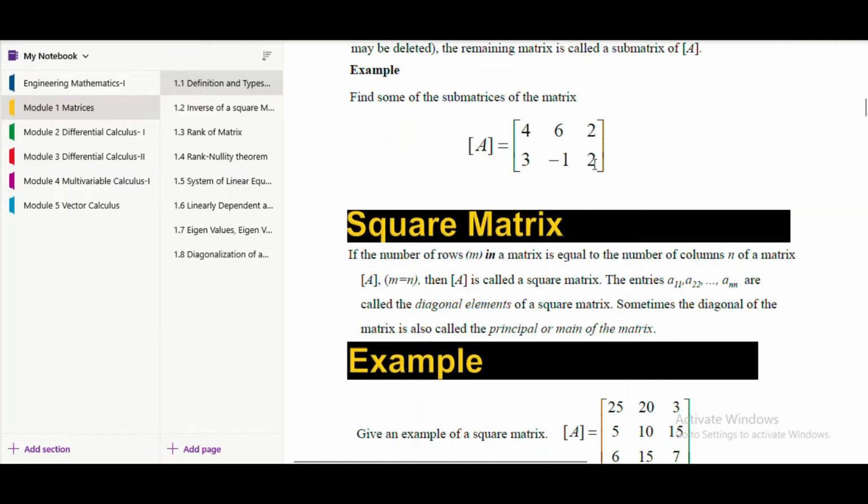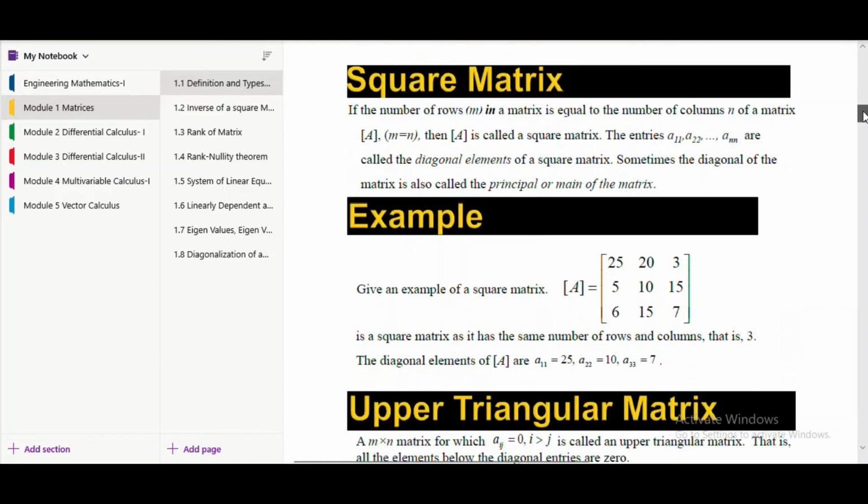To find submatrices of this matrix, we can get another matrix by deleting the last column, or the second column, or the first column. Similarly, we can find another matrix by deleting the first row or second row. So the new matrix after deleting any row or column will be a submatrix of the parent matrix.